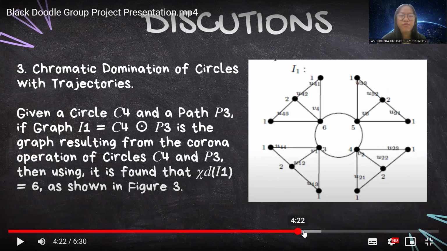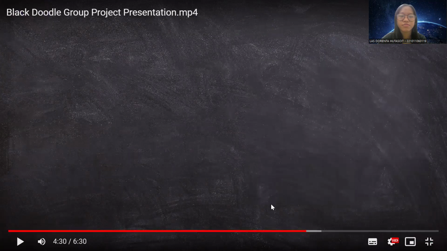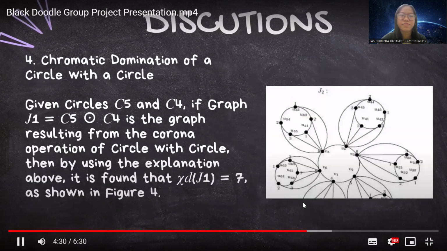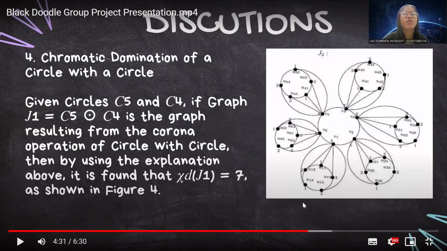And number 4, chromatic domination of a circle with a circle.